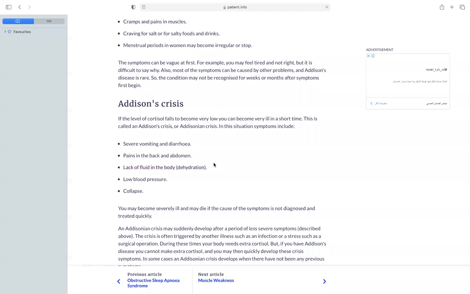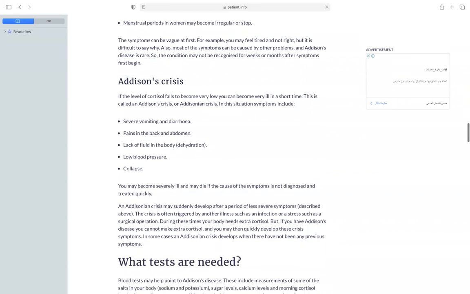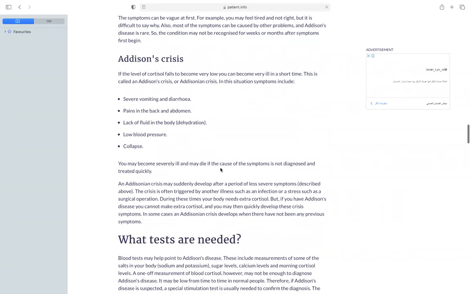Okay, so they can come the first time also before diagnosis with Addison's crisis, like diabetes can come with DKA. The symptoms can be severe vomiting and diarrhea, lack of fluid in the body, dehydration, low blood pressure and collapse, and pain in the back and abdomen. You may become severely ill and may die if the cause of the symptoms is not diagnosed and treated quickly.